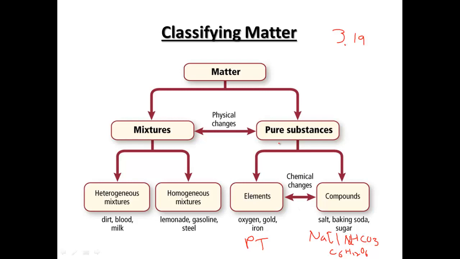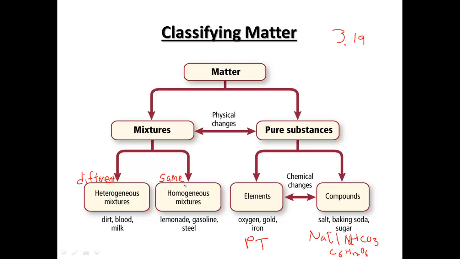Or instead of pure substances, we could have mixtures, two or more pure substances mixed together. And our mixtures can be heterogeneous. Remember, heterogeneous means different throughout. And homogeneous mixtures are the same throughout.